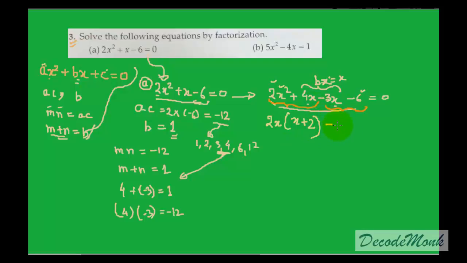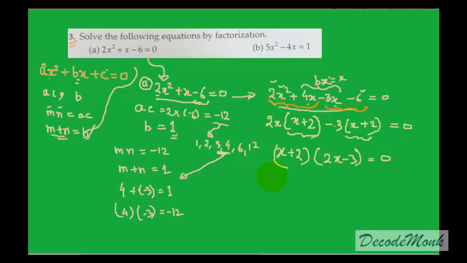Minus, taking out 3 as common, this will be x plus 2. So minus 3 into x is minus 3x, minus 3 into plus 2 will give you minus 6, equals 0. So you see here these two terms are the same. So taking this as common, x plus 2, what remains? 2x minus 3.